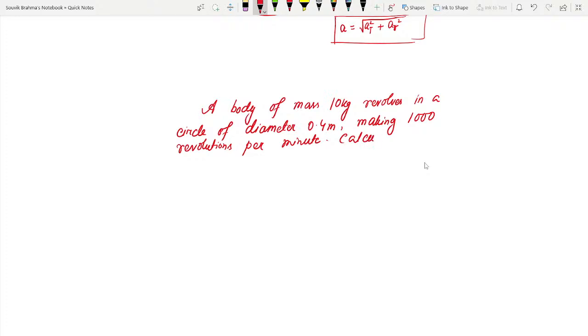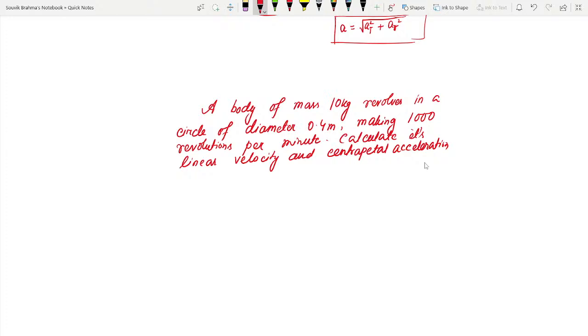Calculate its linear velocity and centripetal acceleration.